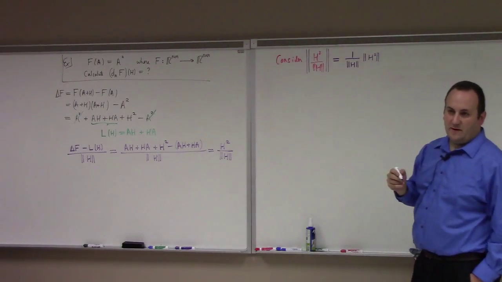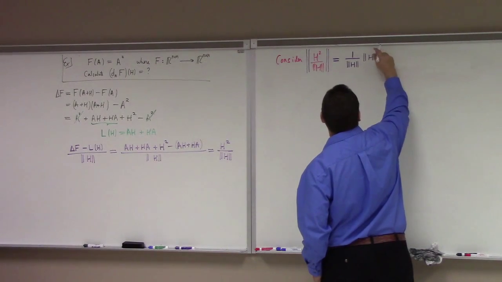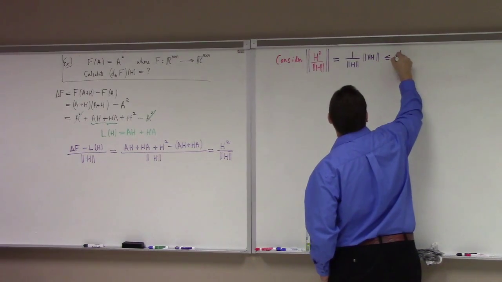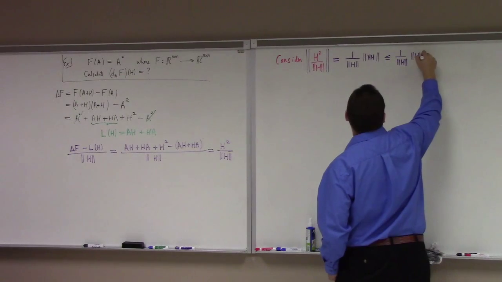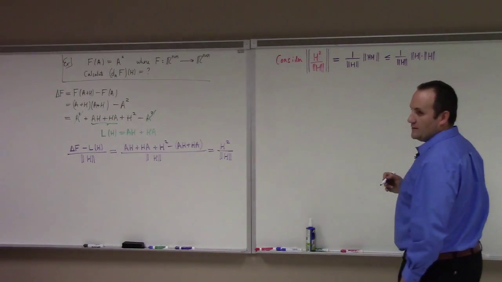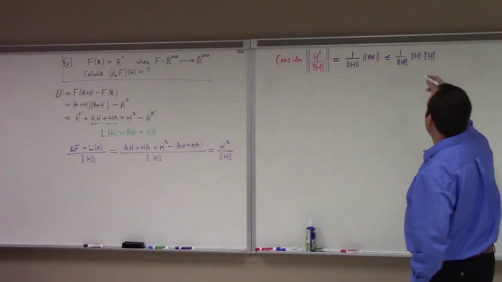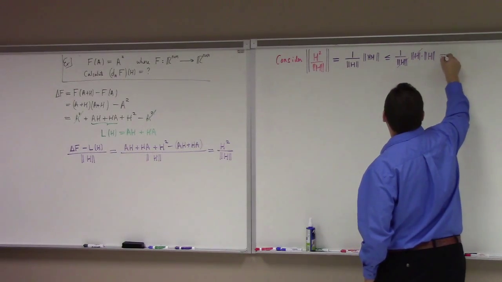By probably the hardest problem in the first homework, this is less than or equal to the norm of h times the norm of h. So by the Banach algebra inequality, that's 1 over the norm of h times the norm of h squared. So these cancel if h is not 0, and we get the norm of h.